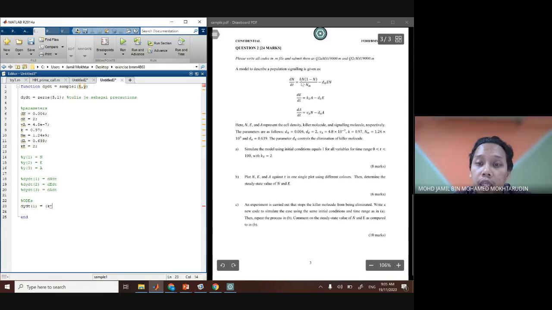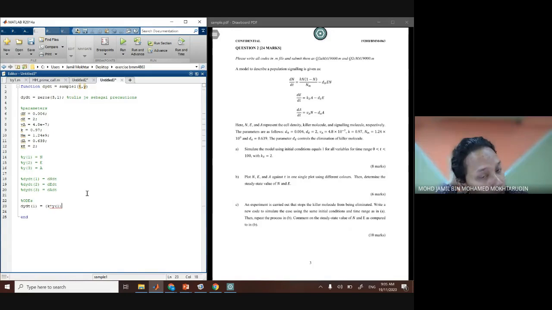So here, k times n, so n is y1, times 1 minus n, so n again is y1, divided by nm, minus dn times e. So e is y number 2, times n, y1.